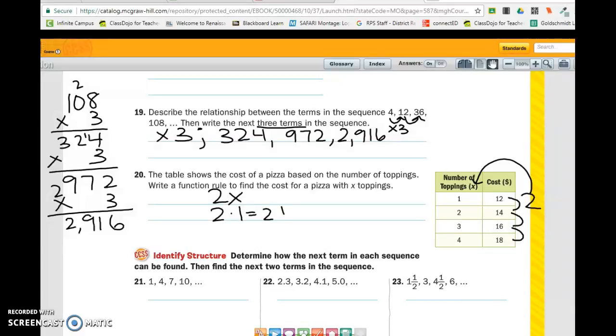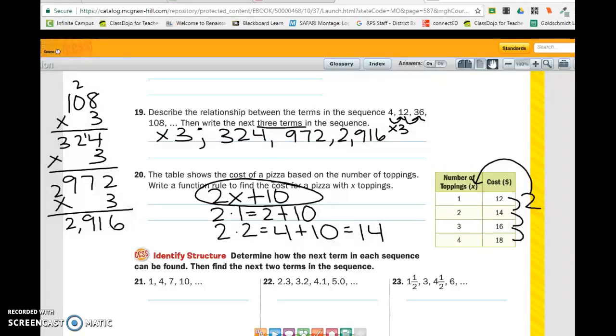To get from 2 to 12, we add 10. So 2x plus 10. Let's see if this works on the next one. We have 2 times 2 equals 4, and 4 plus 10 equals 14. So this is the rule right here. And if you write this up here, it says write a function rule. This is our function rule right there, so we don't have to do anything else.